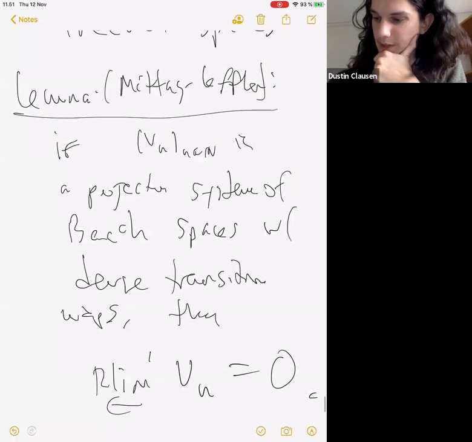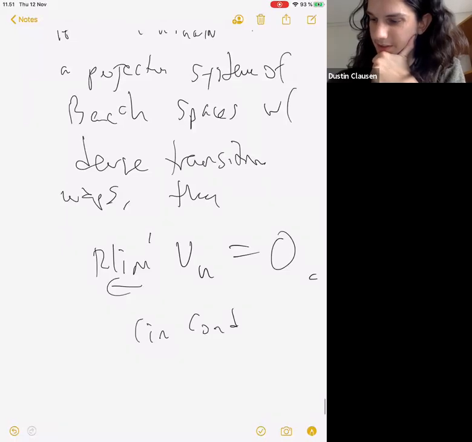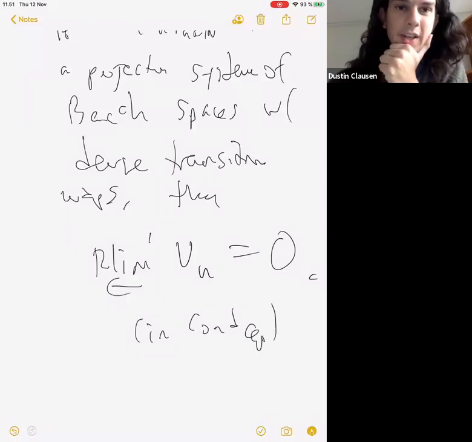And I'll make sure I'm being clear: this is in condensed QP vector spaces.